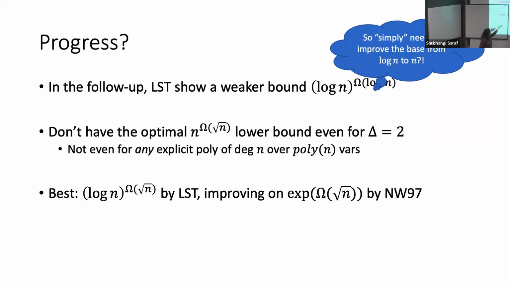Again, n to the root n is the best possible, and log n to the root n tells you nothing interesting if it's not optimal. For these set multilinear lower bounds to go from high degree to low degree, they need to be optimal. So LST got log n to the root n lower bounds, and the best previous lower bound was 2 to the root n by Nisan and Wigderson from 97.